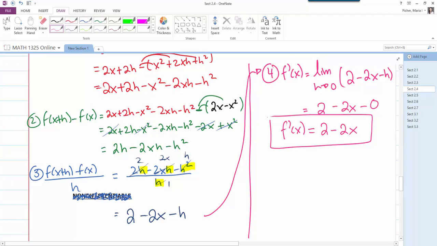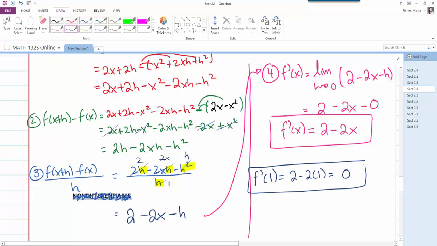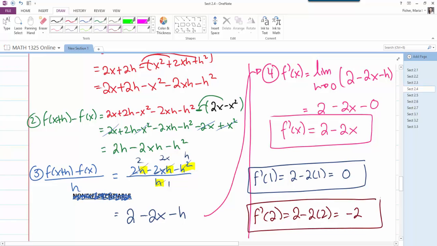So now what we want to do is find f prime of 1, and we end up with 0, which means the slope of the tangent line at 1 is 0. Now let's find f prime of 2. So f prime of 2 is 2 minus 2 times 2, which is 2 minus 4, or negative 2, which means the slope of the tangent line at 2 is equal to negative 2.